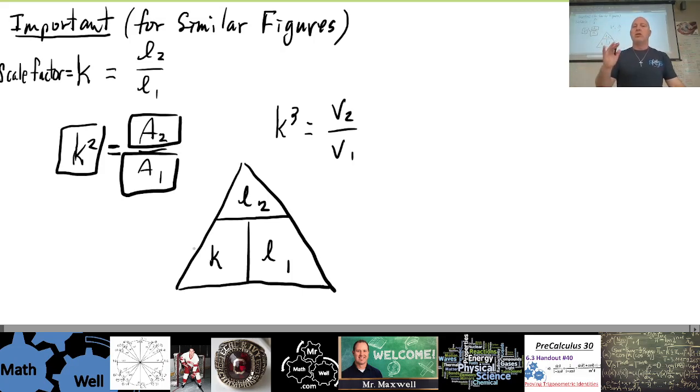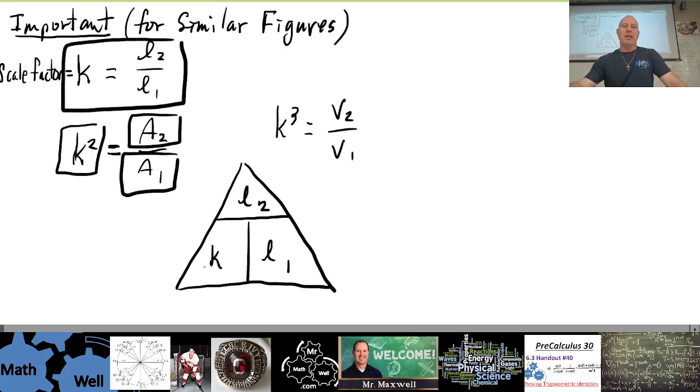You may or may not like this, but in order to solve for any piece of a simple proportion like this, if you arrange things, here's the first one, k equals L2 over L1.